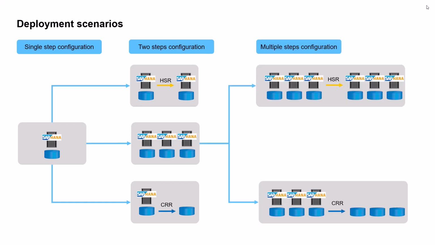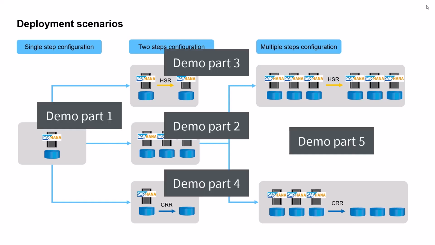Additional configuration steps need to be done if a multiple host system should be configured with HSR or ANF CRR. For all these configuration options, we provide recorded demos which show and explain the workflows using AVG. The demo part 1 also explains the used lab setup and the prerequisites for using AVG. So if you plan to watch the demos, you should start with demo part 1.